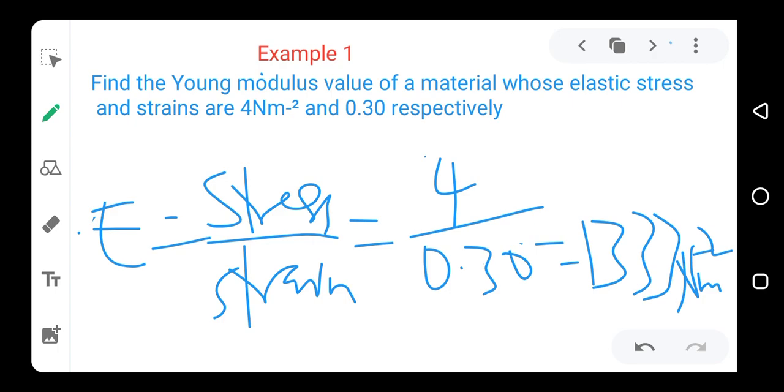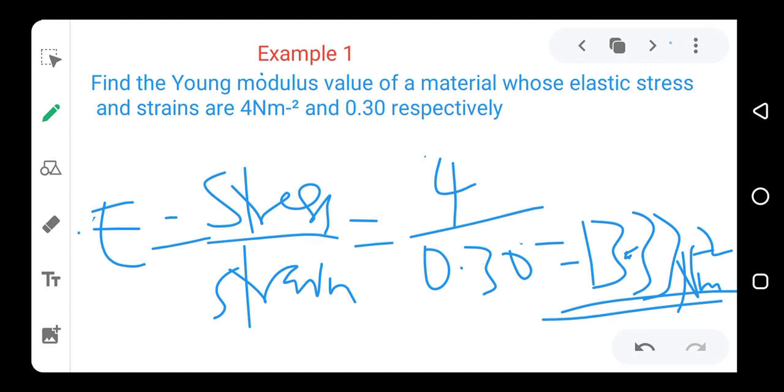If you are conversant with pressure, you also find that pressure has the unit of Newton per meter squared. These three things, pressure, stress, and Young modulus, have the same units. Now this is the answer, 13.33 Newton per meter squared. This is the answer for the Young modulus here.